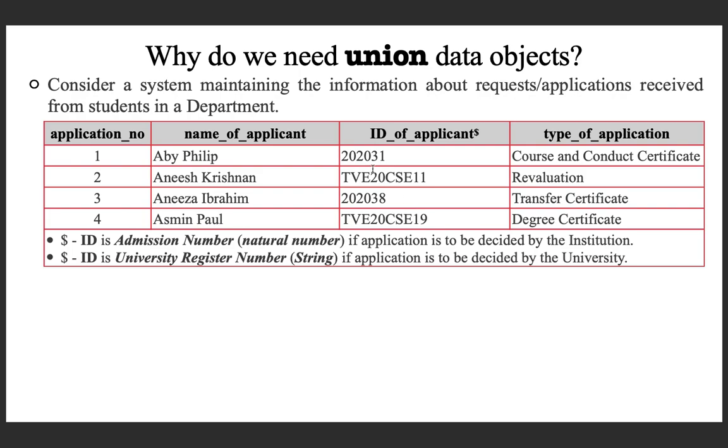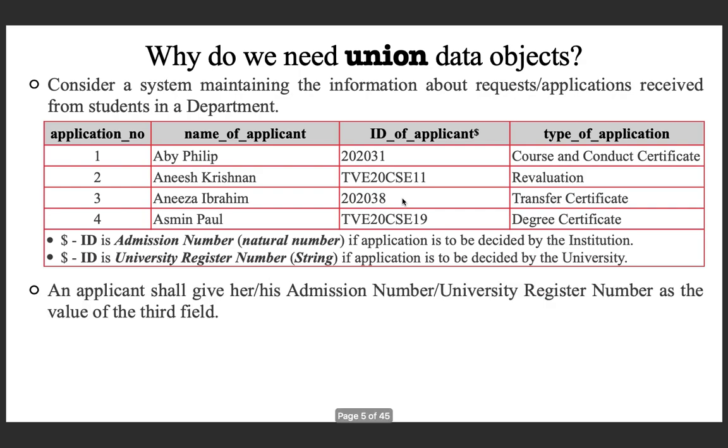For example, in the Kerala Technological University, it says, okay, Trivandrum Engineering College, this is the code for our college, and admission year 20, in the department CSE, maybe the 11th student. So whatever it may be, it is a unique ID given to a student by the university. I think you are getting the point.